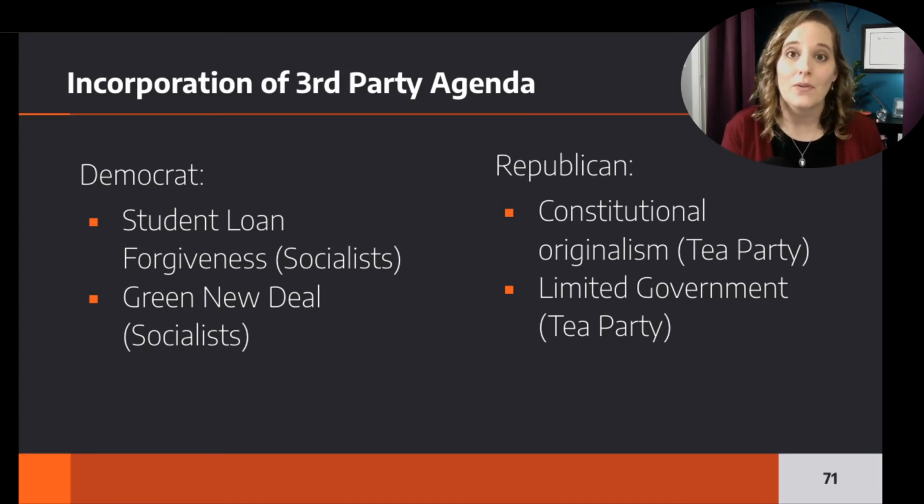So, for example, Democrats have taken on the ideas of student loan forgiveness and environmental reform through things like the Green New Deal, whereas Republicans have taken on the ideas of constitutional originalism and very limited government. So you will see these ideas become more and more incorporated as they become more and more popular with members of the voting public.